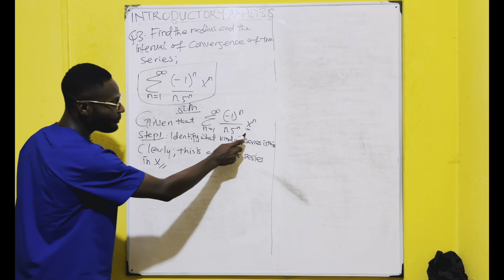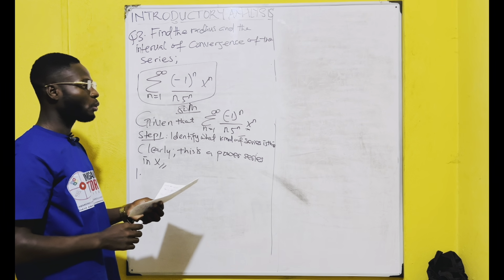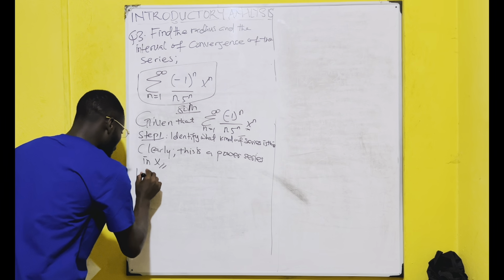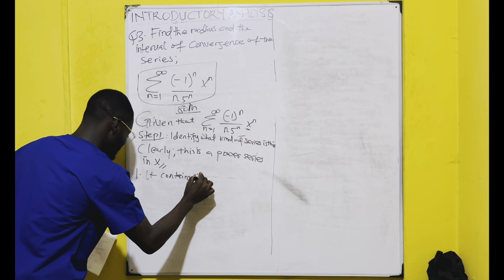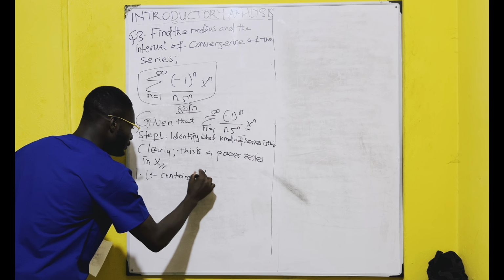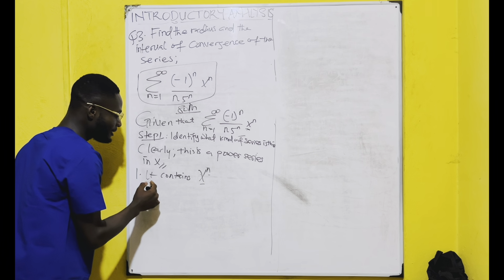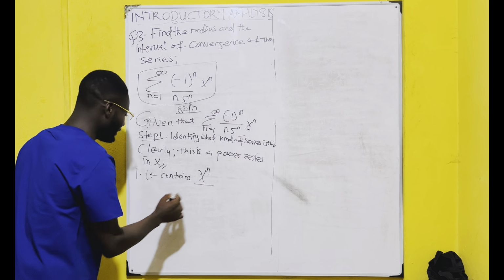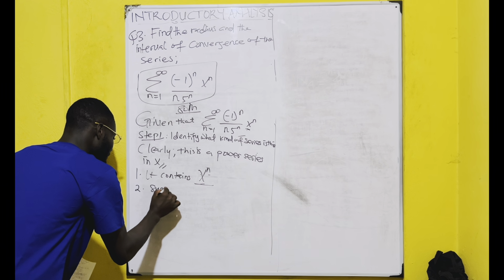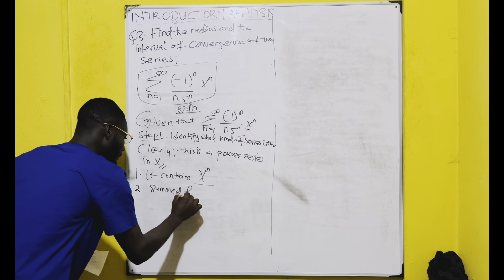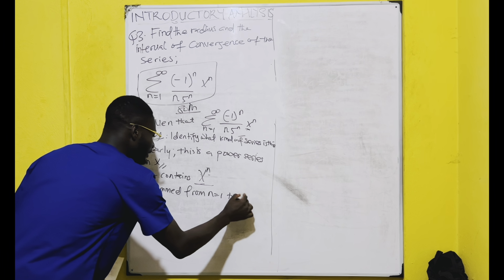We knew that this is a power series of X because one, it contains X to the power n. This is power, and this is X. So it contains X to the power n. Two, it's summed from n equals 1 to infinity.